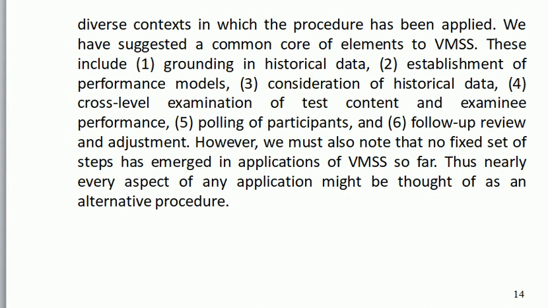However, we must also note that no fixed set of steps has emerged in the application of vertically moderated standard setting so far. Thus, nearly every aspect of any application might be thought of as an alternative procedure.